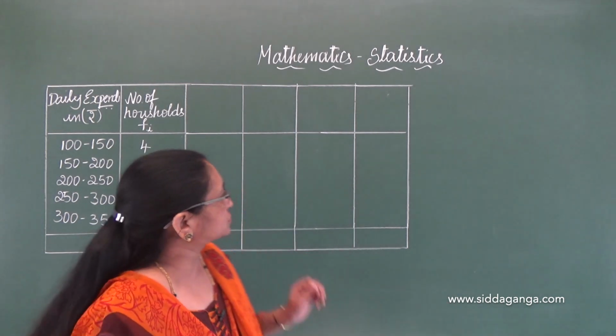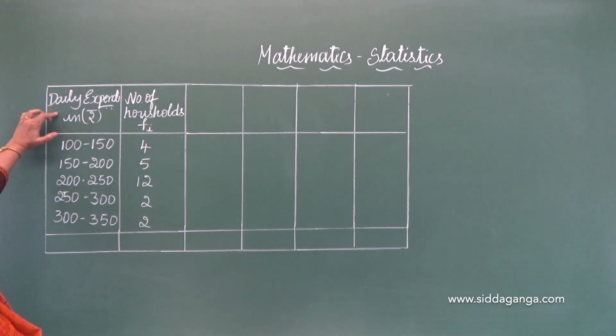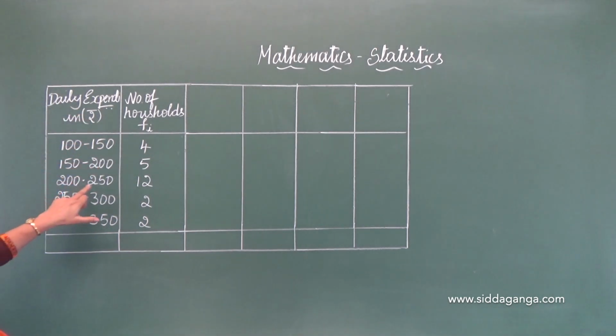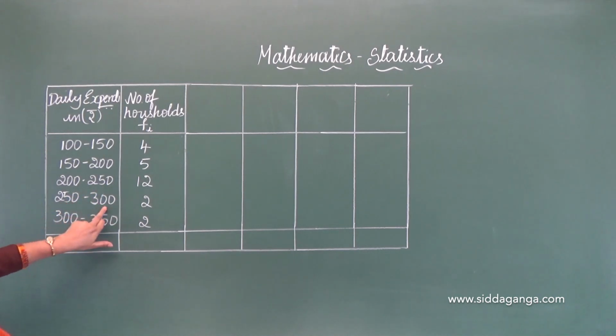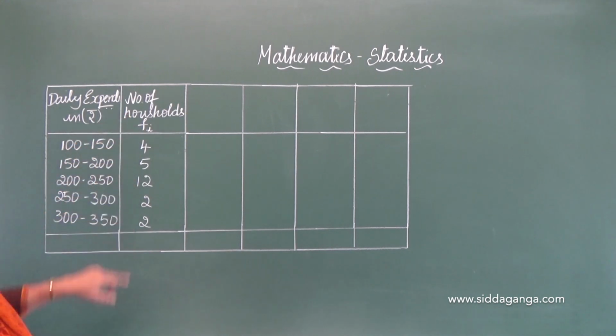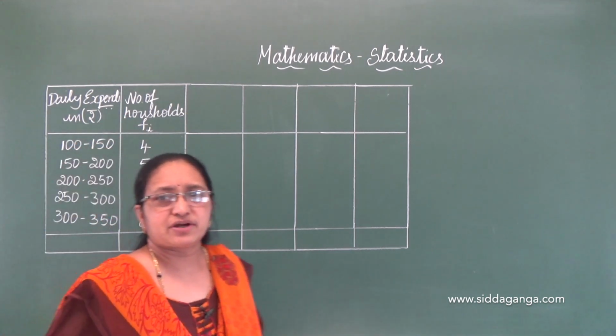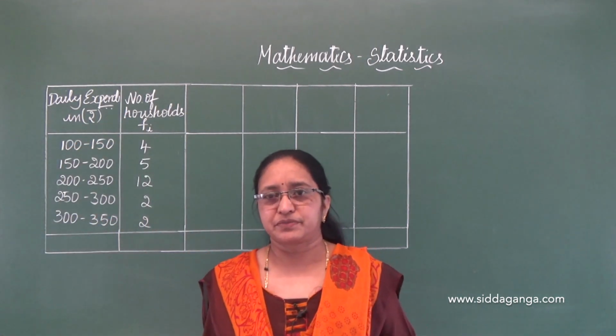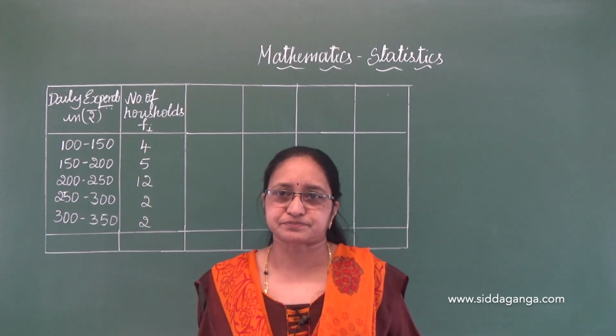I have written the question for you already. Daily expenditure in rupees: 100 to 150, 150 to 200, 200 to 250, 250 to 300, 300 to 350. And here the number of households, that is Fi. So what is the next column?